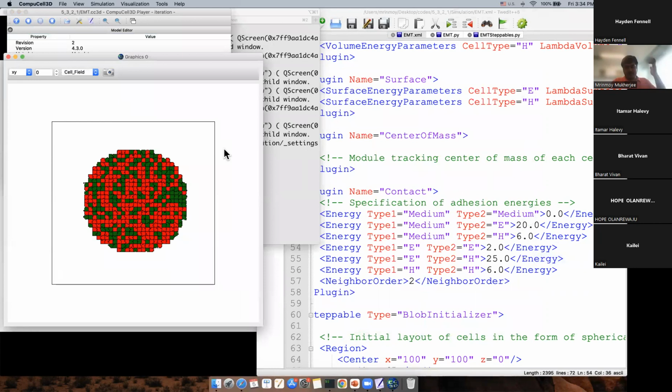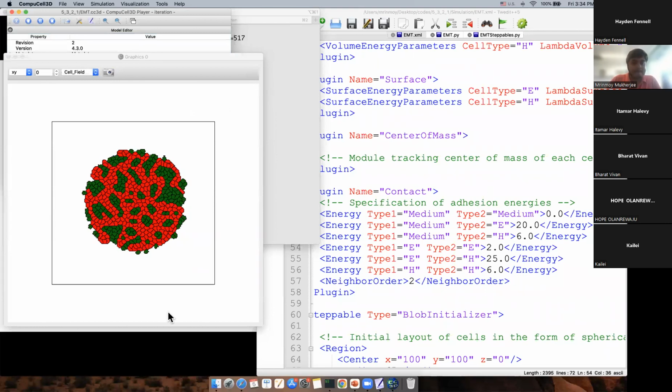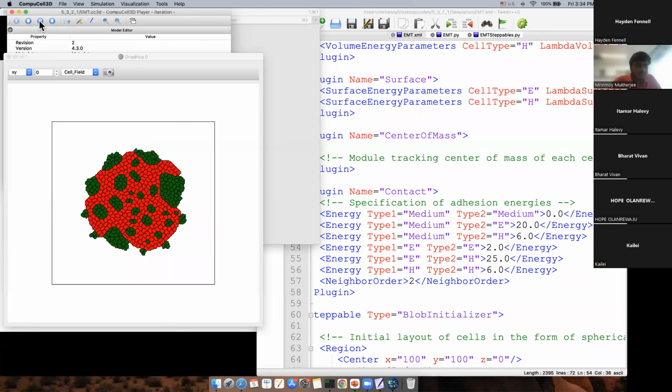So from a similar kind of initial condition, just change the EH contact energy to a very high value, say 25, and try to run. So are you getting this kind of thing?